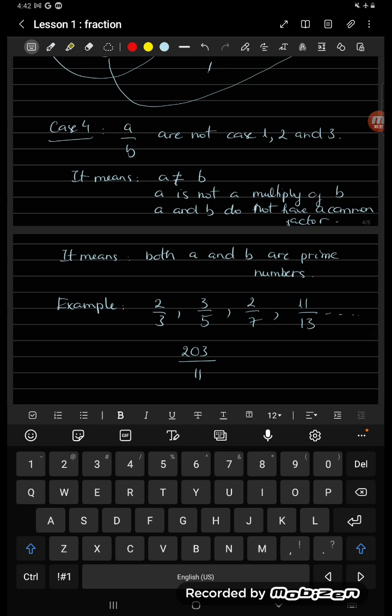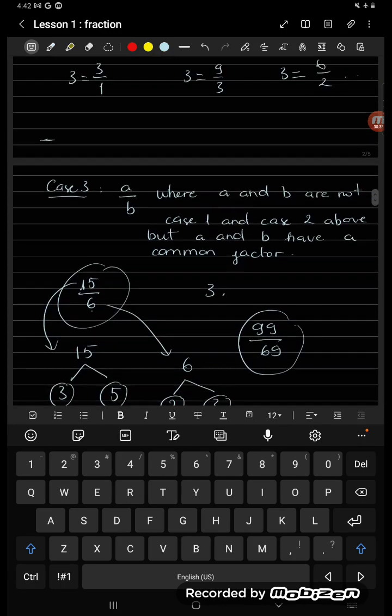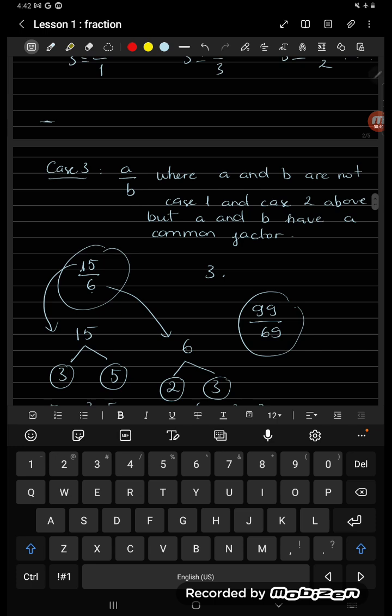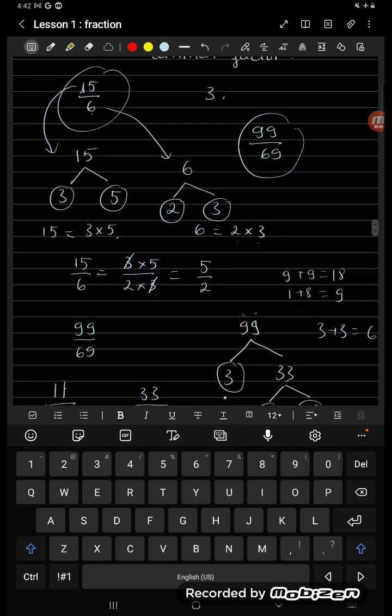Okay, and actually case 4 is a very simple thing. We don't have much to do with case 4, but case 3 is very important, because you will use case 3, especially the Chi method, to break down both the numerator and denominator as a product of prime numbers by using the Chi method like this.